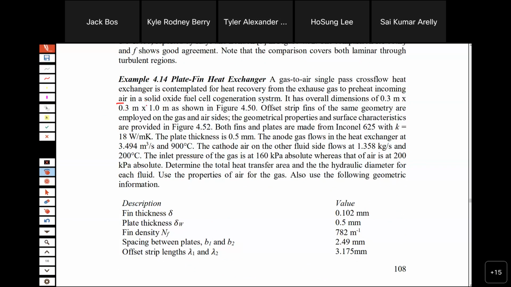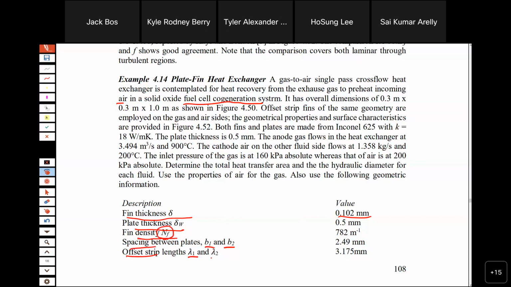I told you, in a fuel cell power plant. So some dimensions are chosen: fin thickness is chosen, and plate thickness, and the fin density per meter, and spacing B1, B2 is given.